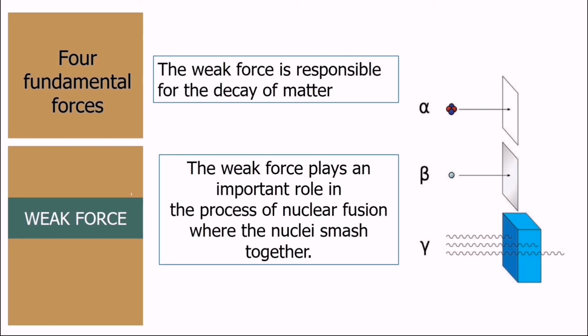So, naa tay different radiation, alpha, beta, and gamma rays. Ang buhaton ni is i-smash nila ang mga nuclear fusion. So, ilahang i-disintegrate, i-spread out hangtod nga malata. So, those are the 4 fundamental forces.